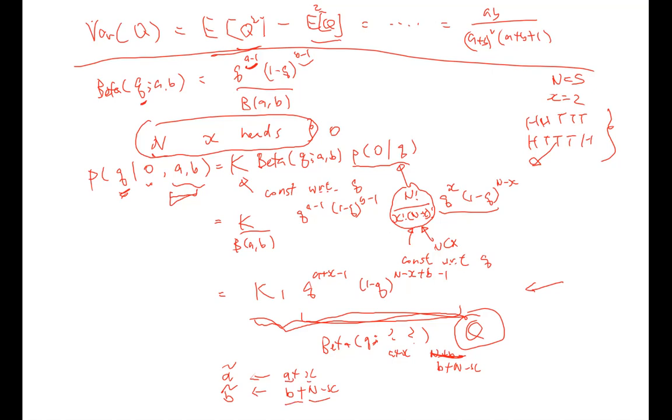So that's it. Note one thing here: I kind of cheated a little bit, but I was not wrong. I jumped through that quickly without explaining it rigorously. How can I say this is a beta distribution? Yes, it definitely has a form like this, but I have a scaling factor k here. How do I know this is a beta distribution instead of some beta distribution multiplied by some constant?